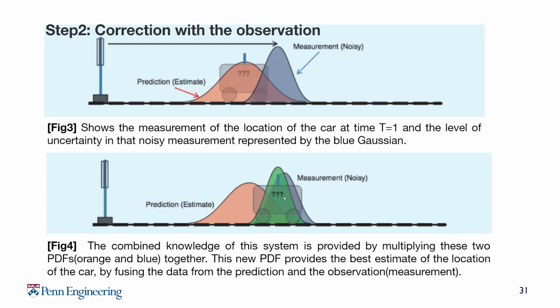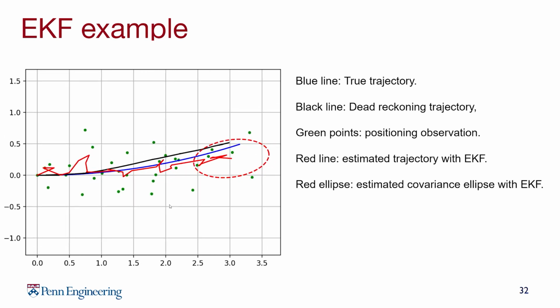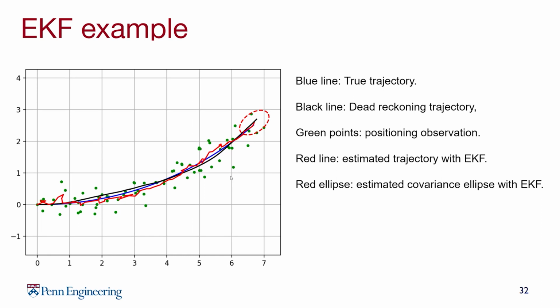So we will keep filtering again and again for each time step, and we will get a stream of estimations for the state. Okay, so this is another extended Kalman filter example, which is an animation.